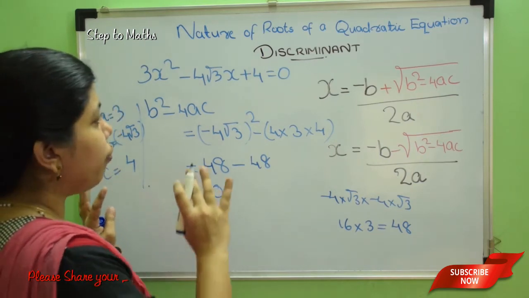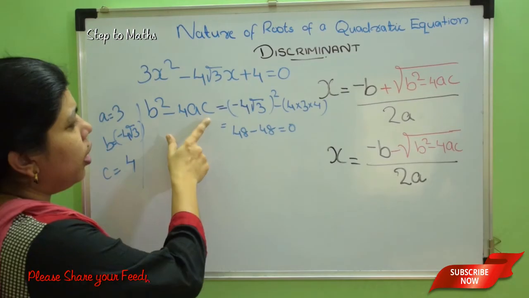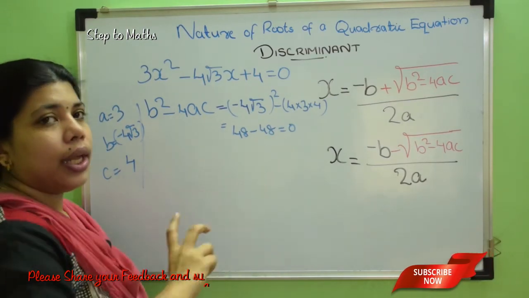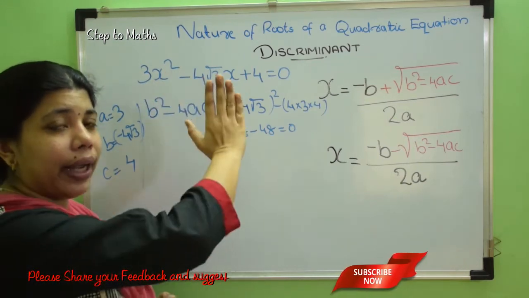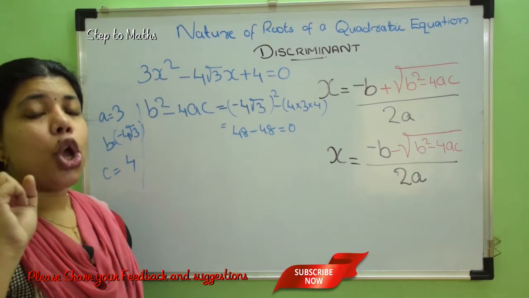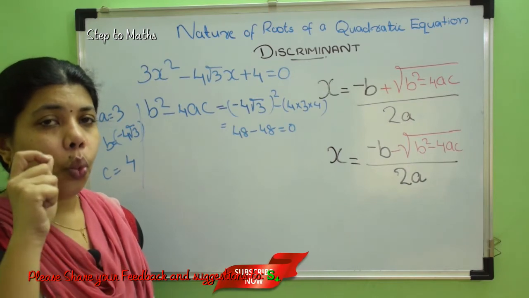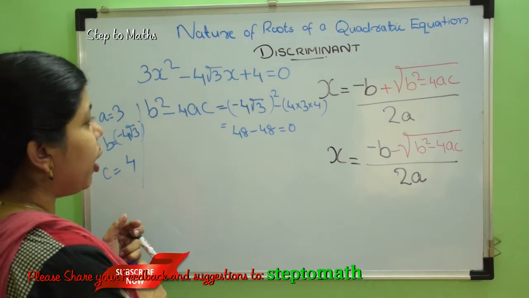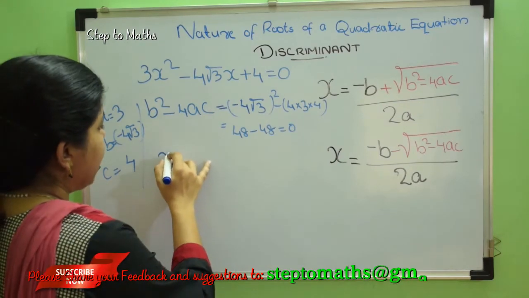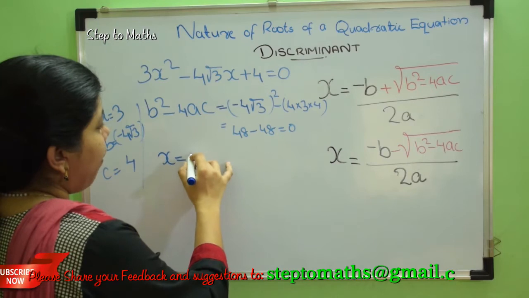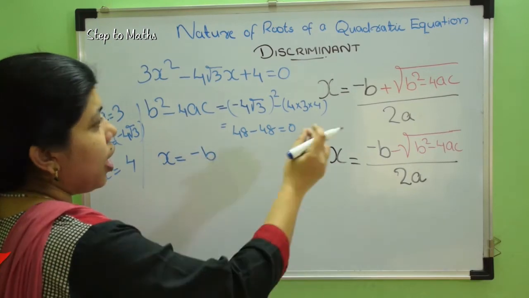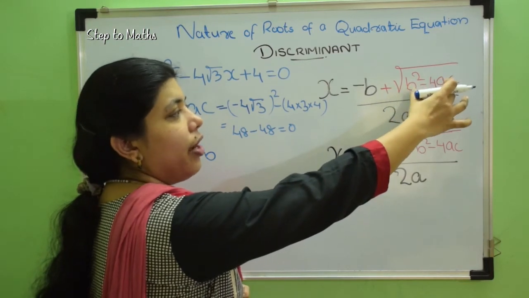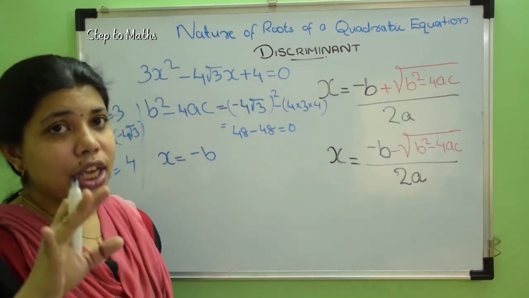So, we have to find out the roots. The value of b² - 4ac is equal to 0. That means this quadratic equation has two equal real roots. So, find out those roots. x is equal to -b plus or minus the root of b² - 4ac, and the value of b² - 4ac is 0.